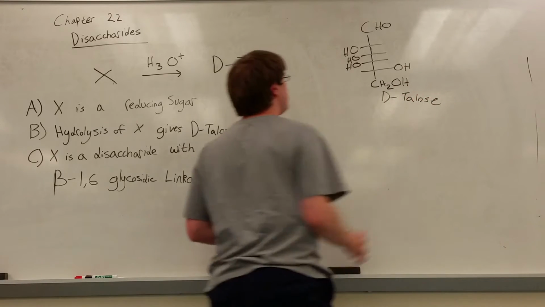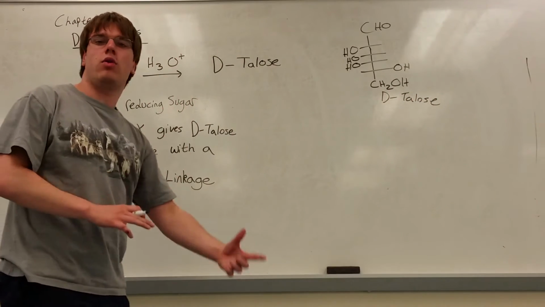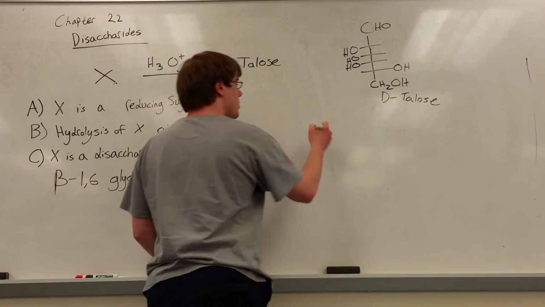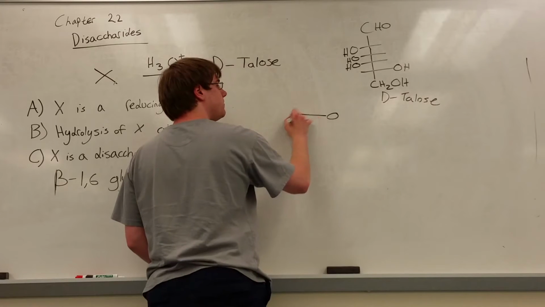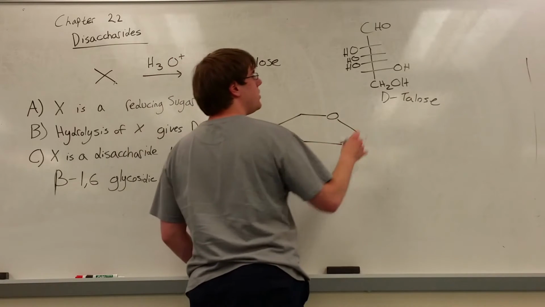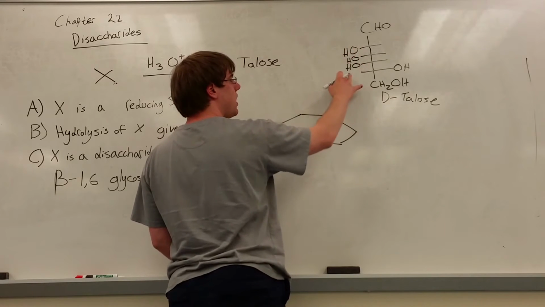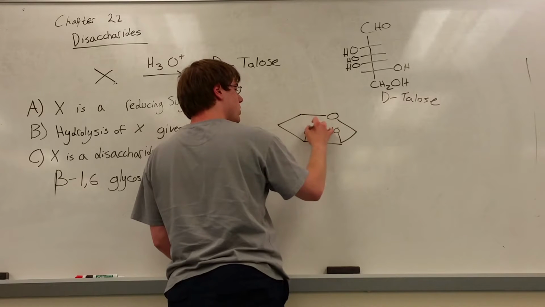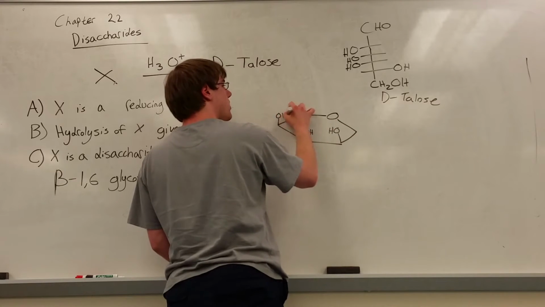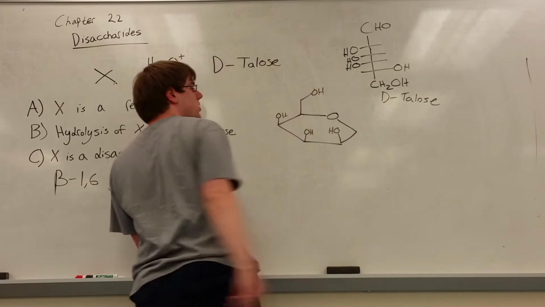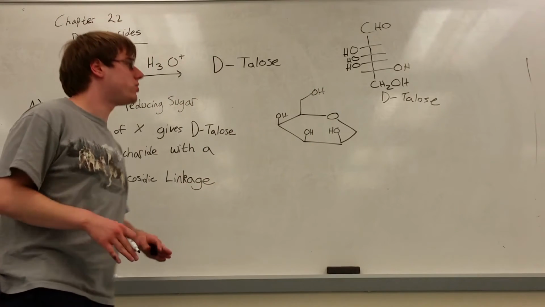So your first job should be draw the Haworth projection of that D-talose. So we do that. We have our 6-membered ring. And then let's see, we have 3 on the left, and left means up, so 1, 2, 3, and then because it's D, this is on the right, that means this is up. Okay, so that is 1 D-talose.